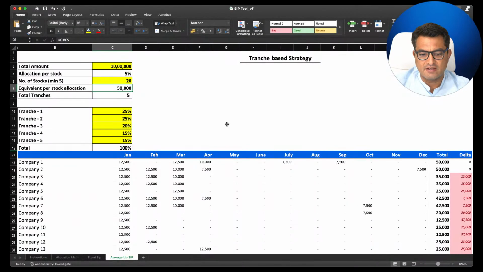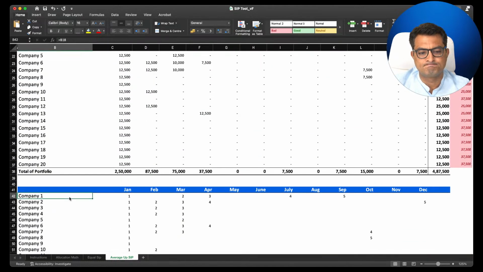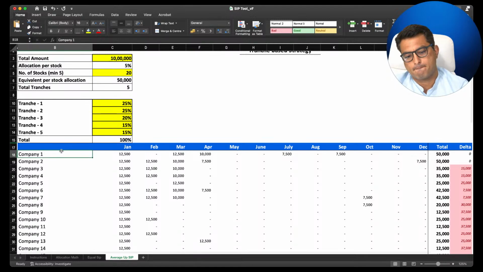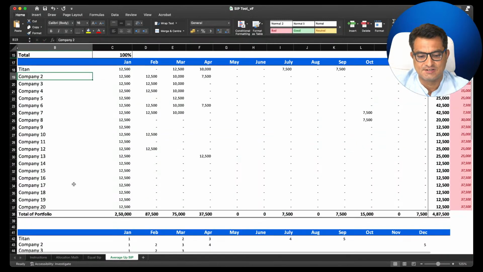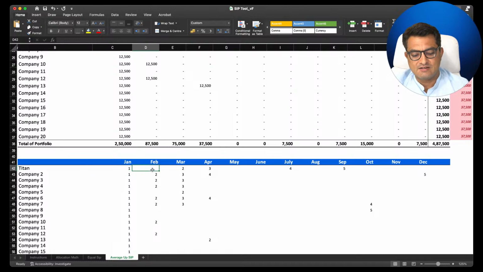Okay. So now essentially what I'm doing is, this is say for example, my first stock, let's say it is my Titan. And Titan, in January, I entered my first tranche. Then February, entered my second tranche. Then March, I entered my third tranche.